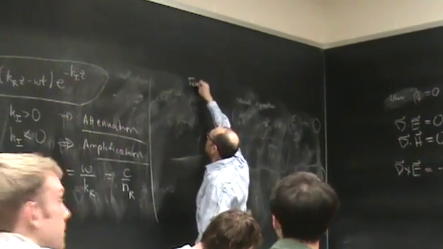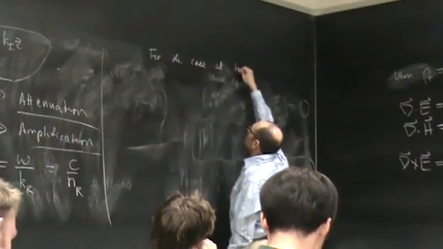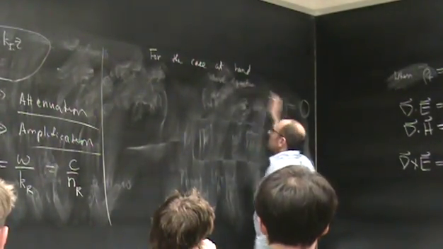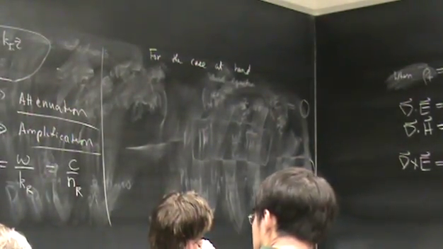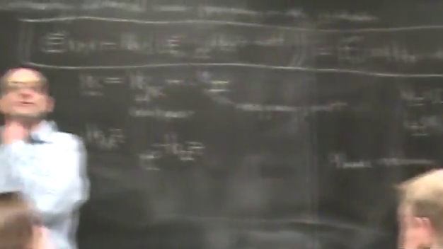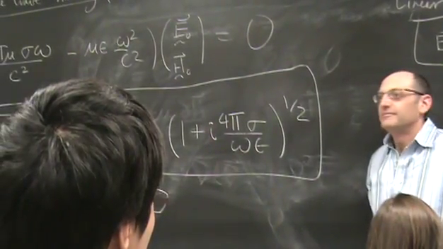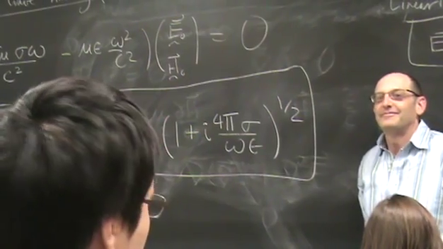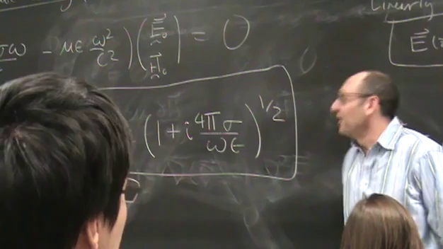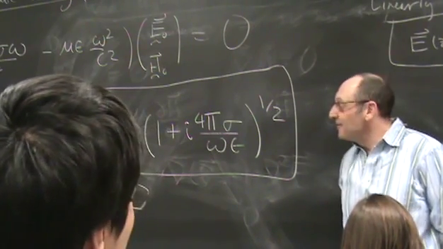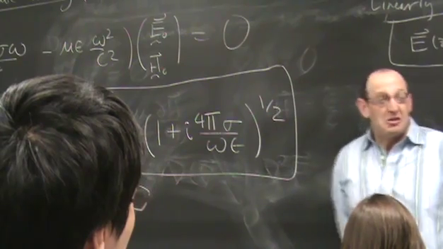So for the case at hand, how do you take the real and imaginary part of this complex number? And if it was small enough, you could just. Indeed. So we will look at some limits of this, which are interesting.